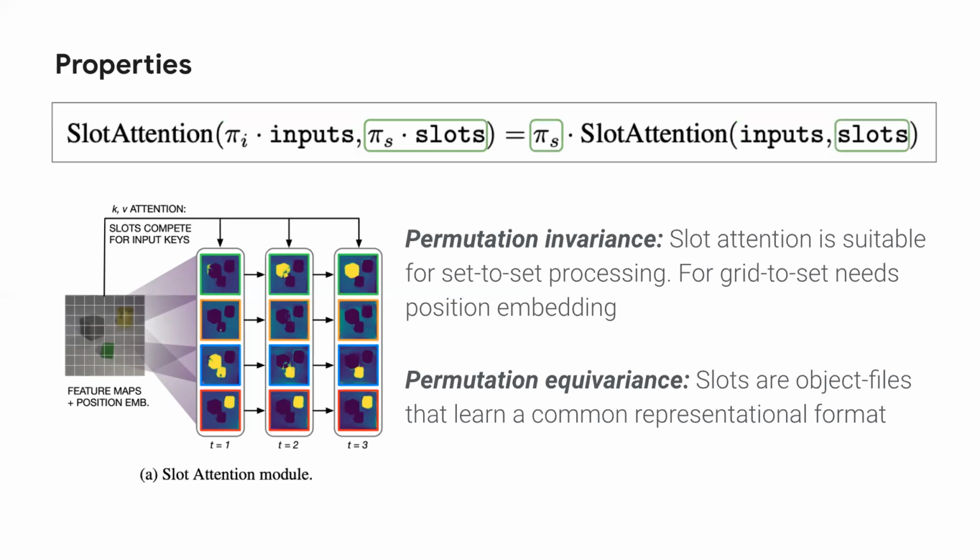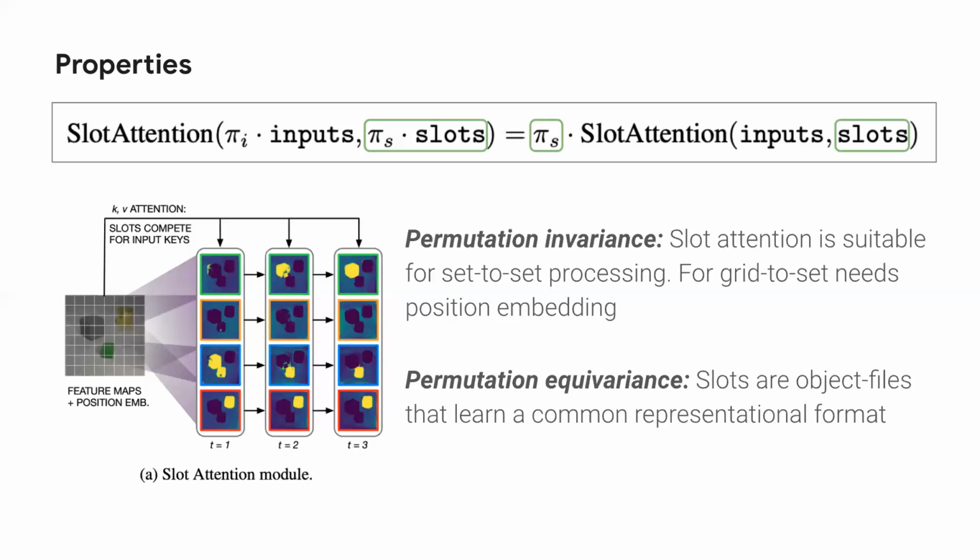And the second property is the permutation equivariance with respect to the slots, which means essentially that if you change the order of the slots after initialization, then the output of slot attention is just going to be in a different order. And this is important because this is really what makes slot attention respect the set property, where slots don't specialize because they're sampled randomly.